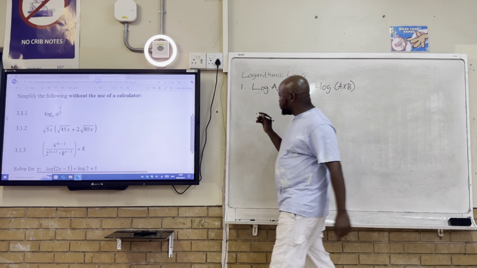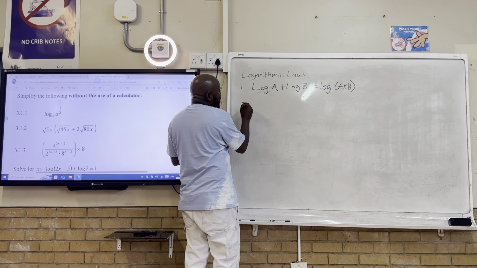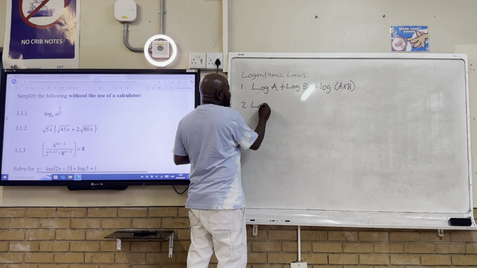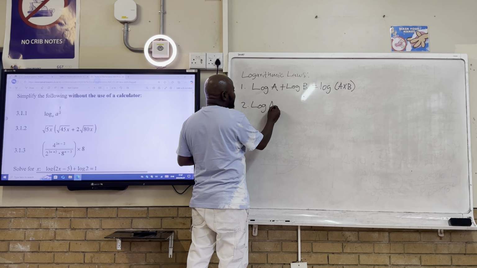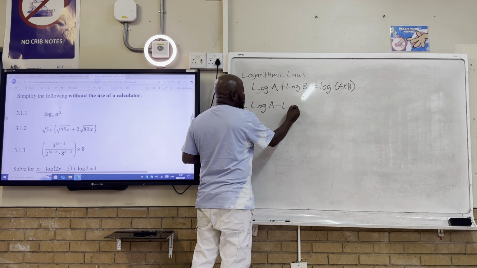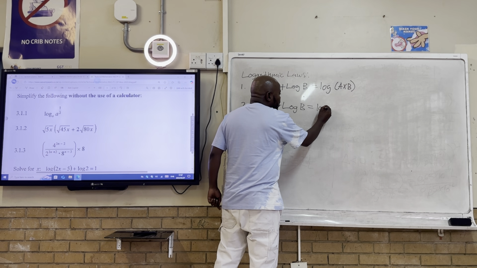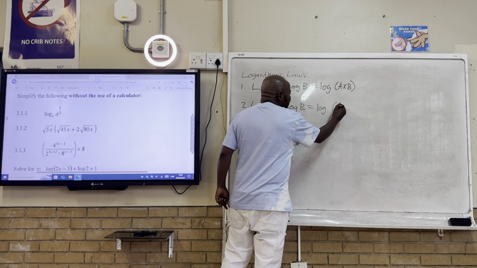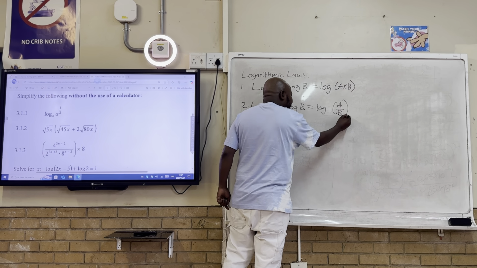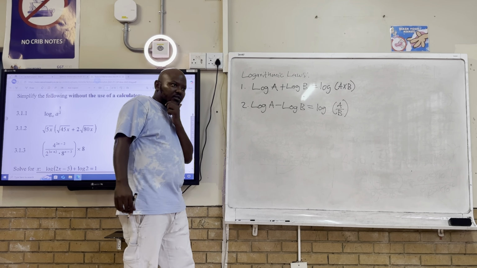Now we go to law number 2. Log of A minus log of B will be equal to log of A divided by B. Are we together?